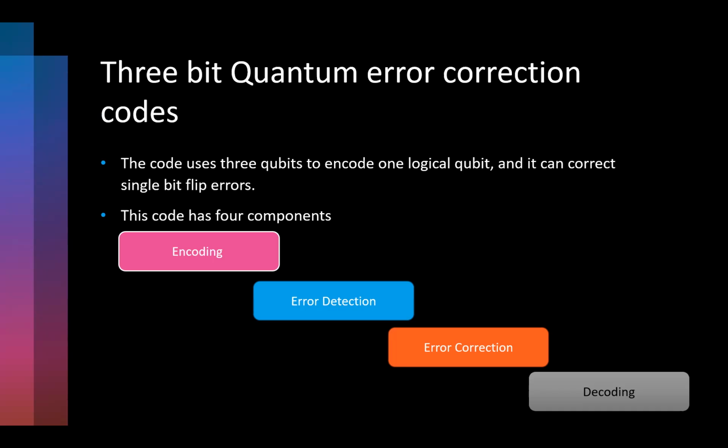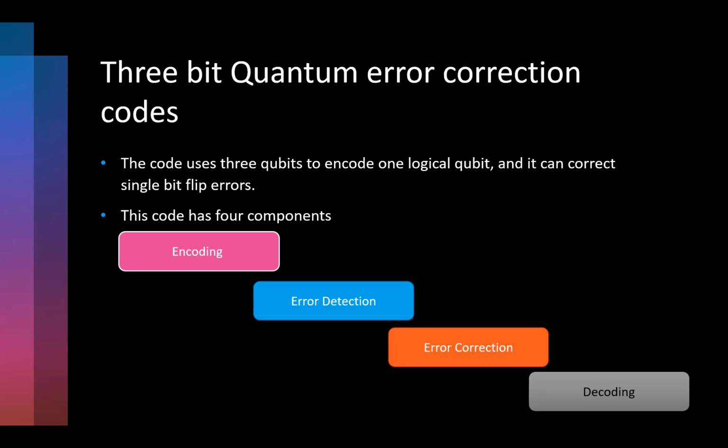We have one qubit. What we do is we encode it in 3 qubits. Like, we make 1 qubit into 3 qubits and try to correct it. This 3-bit flip code corrects 1 bit flip. It is encoded into 3 and it only corrects one error, a single bit flip error.